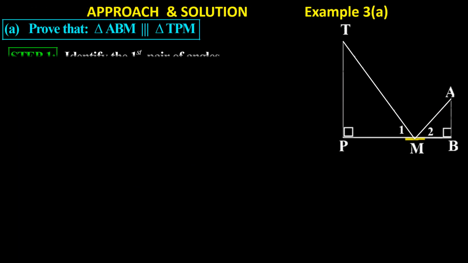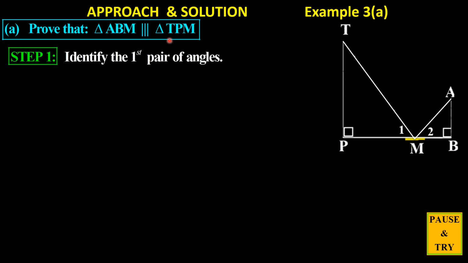Let's look at the solution. There we have our diagram, and we have to prove that triangle ABM is similar to triangle TPM. Okay. So how do we start? First of all, we have to identify the first pair of angles. Now, to be able to do that, just look at the labeling of the two triangles.